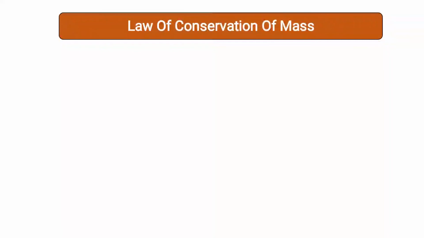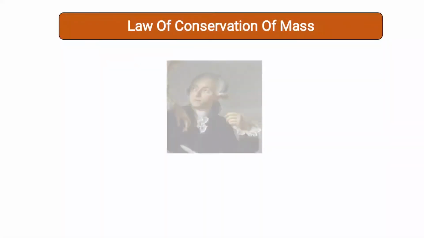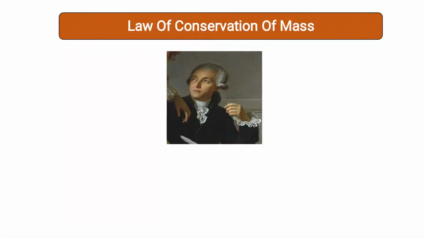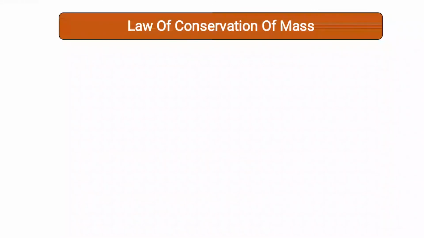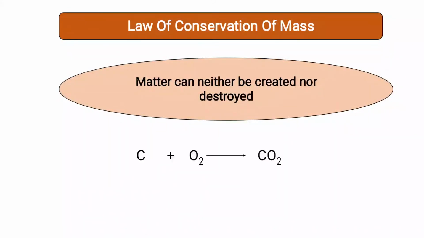This law was given by the scientist Antoine Lavoisier in the year 1789. This law states that matter can neither be created nor destroyed, which means that, let us consider the reactant, carbon plus oxygen, which will give the product, carbon dioxide.